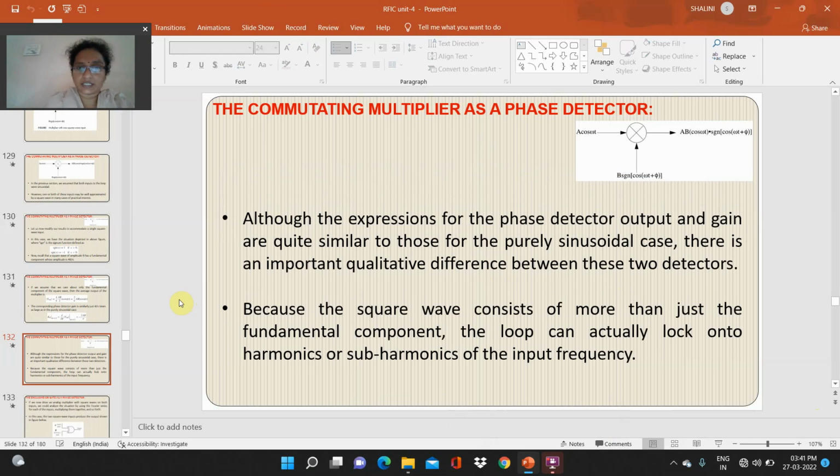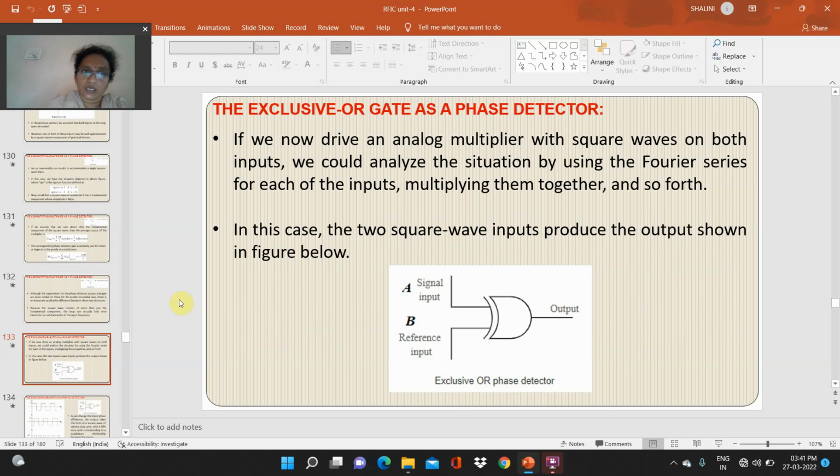Although the expressions for the phase detector output and gain are quite similar to those for the purely sinusoidal case, there is an important qualitative difference between these two detectors. Because the square wave consists of more than just the fundamental component, the loop can actually lock onto harmonics or subharmonics of the input frequency.